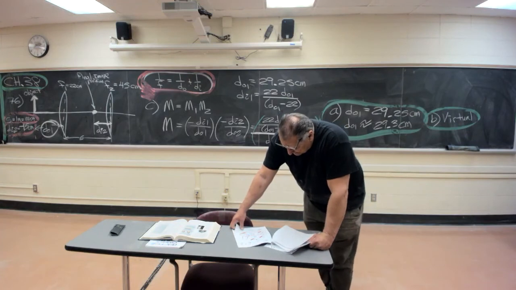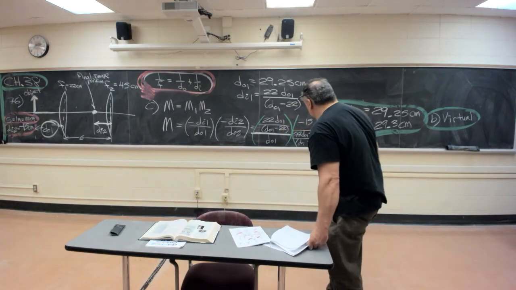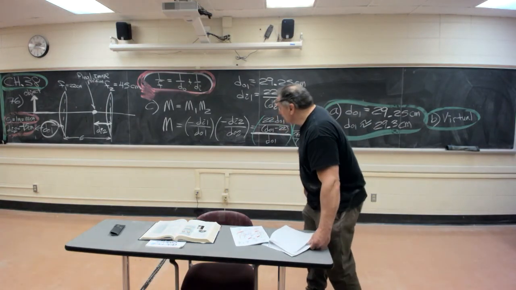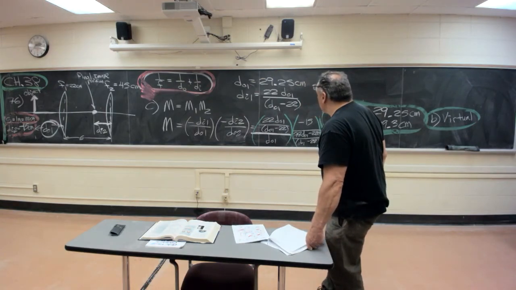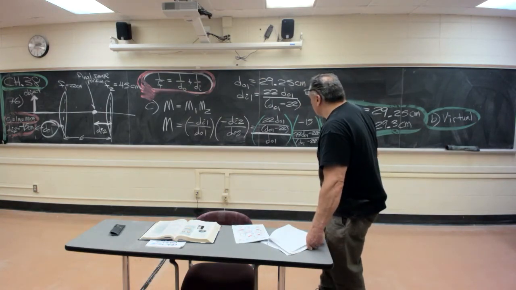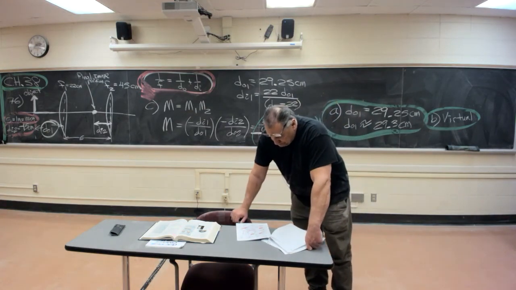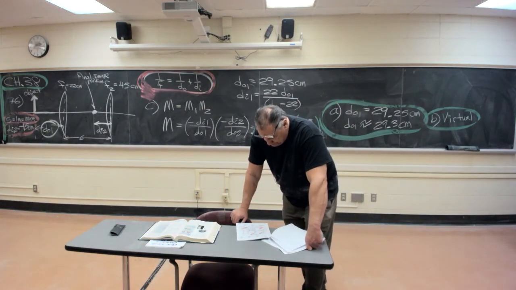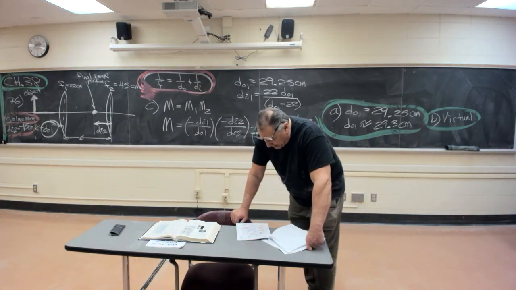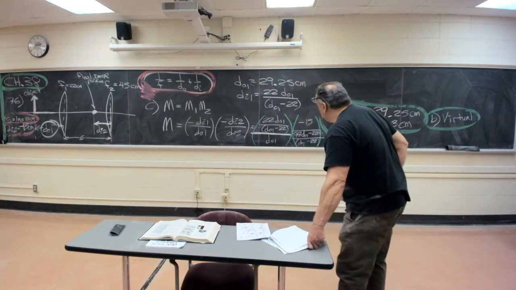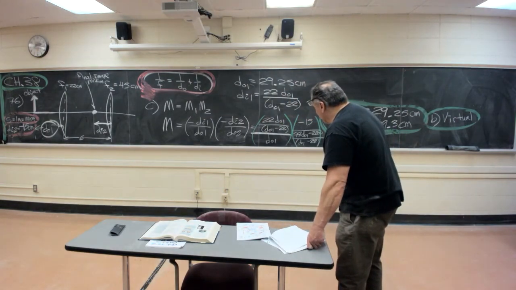Right. You got this. So DI1 would have been this over DO. That's the first one.